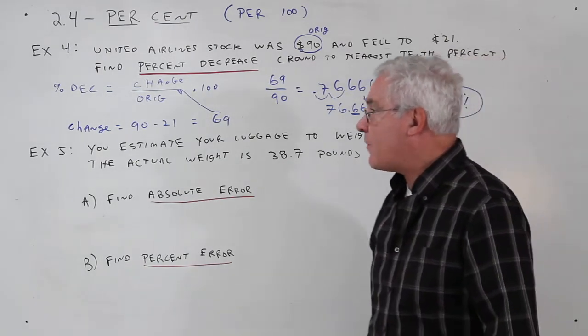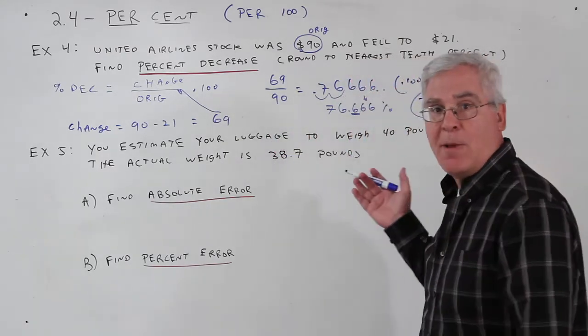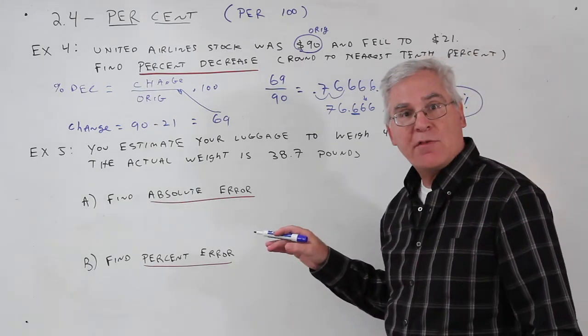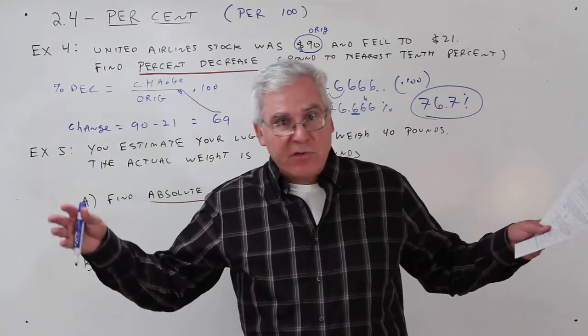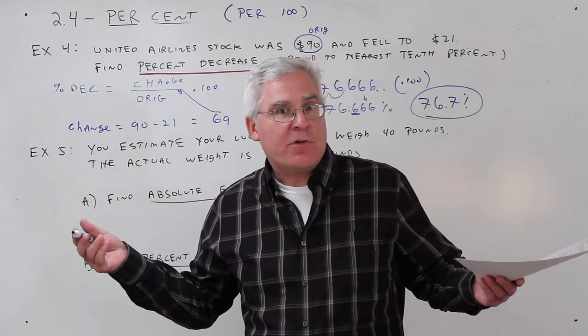All right, last example, example 5. You estimate your luggage to weigh 40 pounds on this trip on United Airlines. The actual weight is 38.7 pounds. Two things. Find the absolute error, just the change, and then find the percent error, kind of like percent increase or decrease.